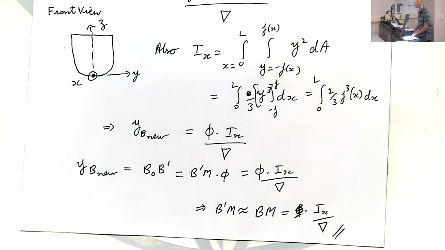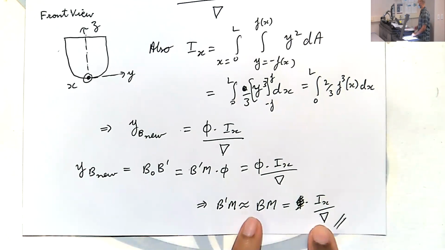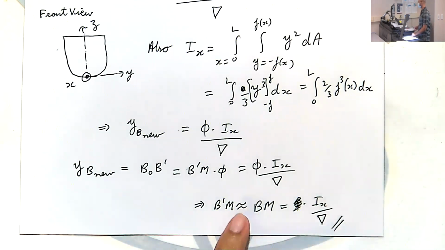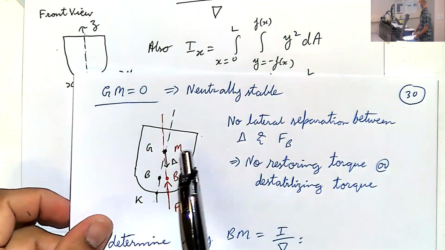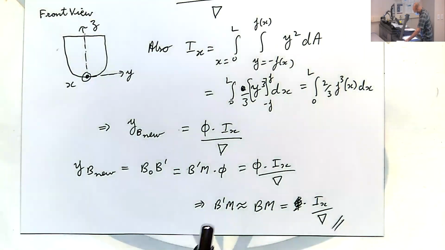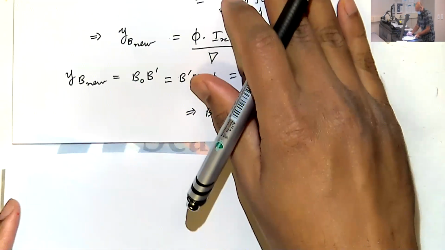So BM by itself is not the most useful thing to us. We care more about GM. Remember, we were talking about what happens when GM is positive versus negative. So we can use this BM to compute GM.